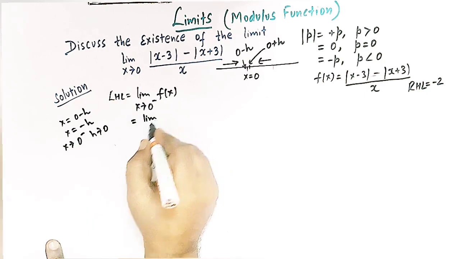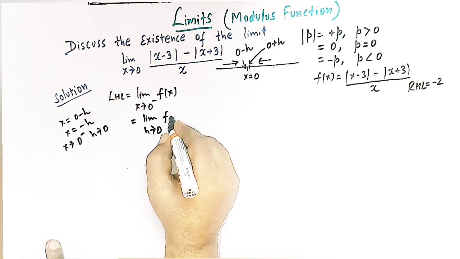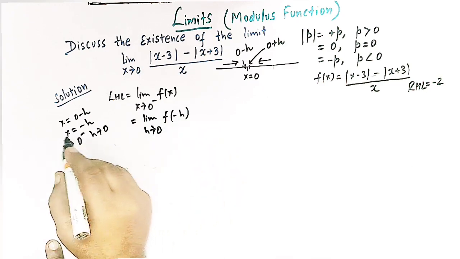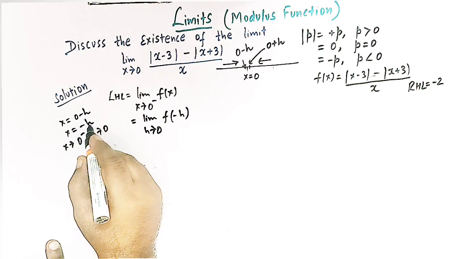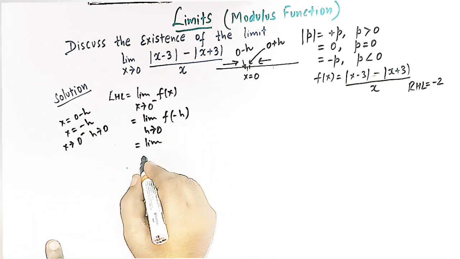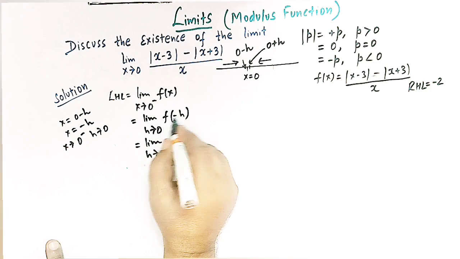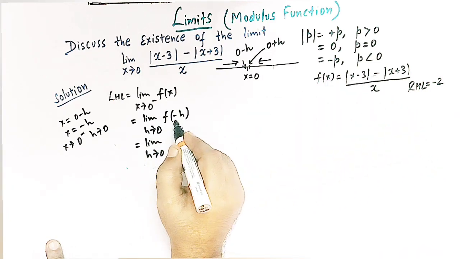So we have limit h tends to 0, and here we have f of minus h, because x is equal to 0 minus h, that is x is equal to minus h. So now we can write the value of f of minus h by replacing this x by minus h.